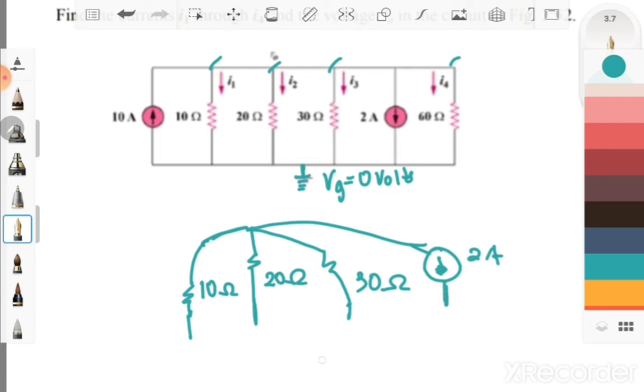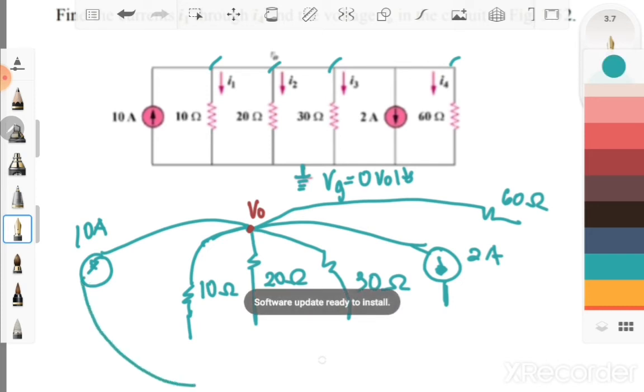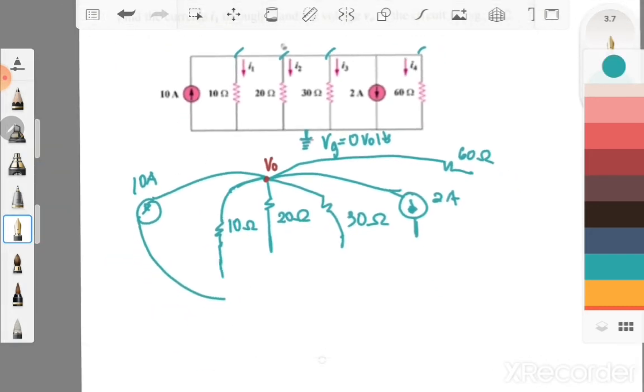And then, yung 60 ohms natin. 60 ohms. And then, your 10 ampere. Yan. So, let's say this will be your node VO. Tama ba? So, therefore, anong makukuha natin? Equation. So, pwede natin isulat ito ng ganito, di ba? Based on our previous discussion. Okay?